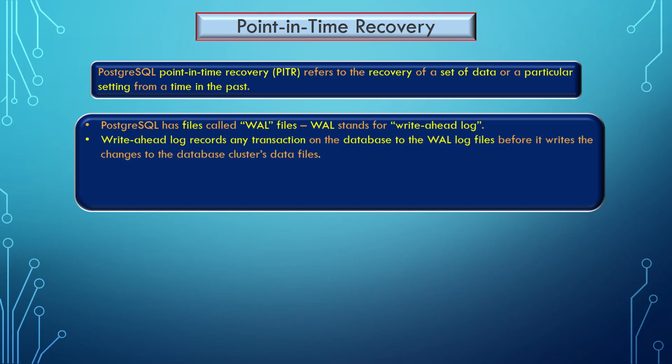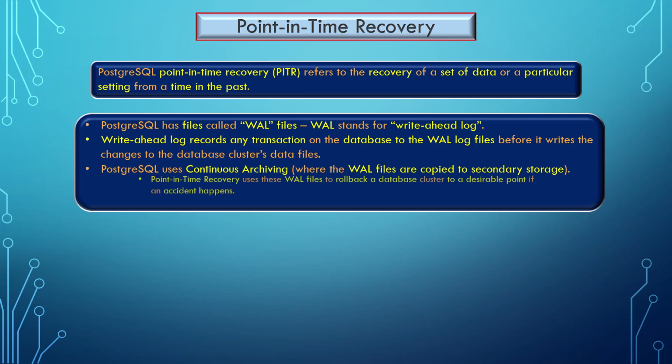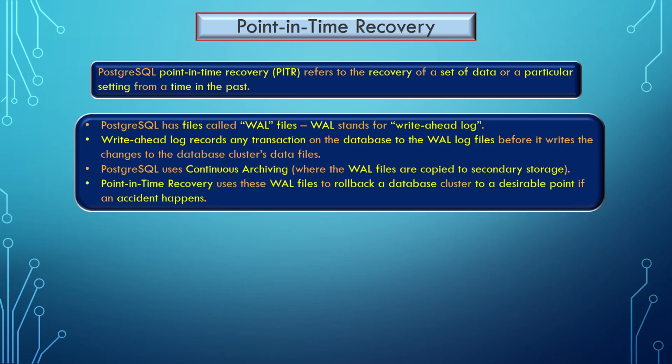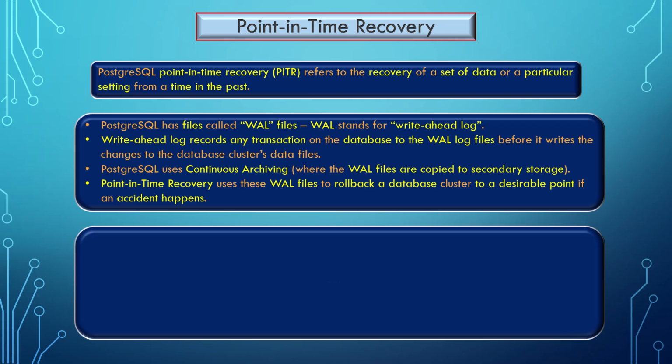The write-ahead log records any transaction on the database to the WAL log files before it writes the changes to the database cluster's data files. PostgreSQL uses continuous archiving, which is where the WAL files are copied to a secondary storage. Point-in-time recovery uses these WAL files to roll back a database cluster to a desirable point if an accident happens.